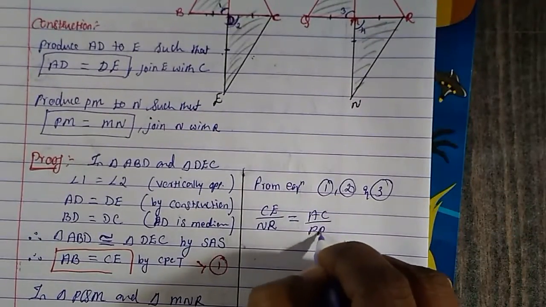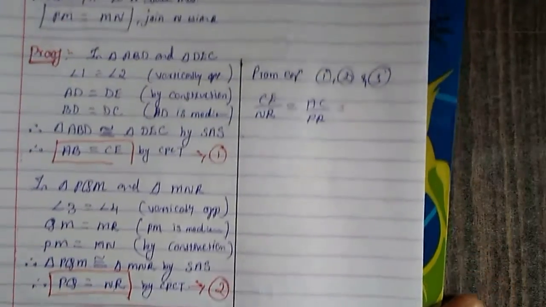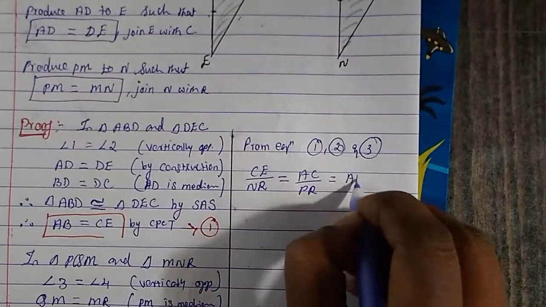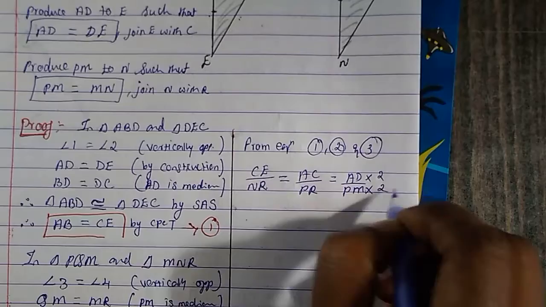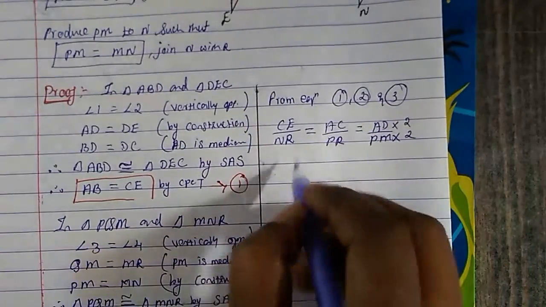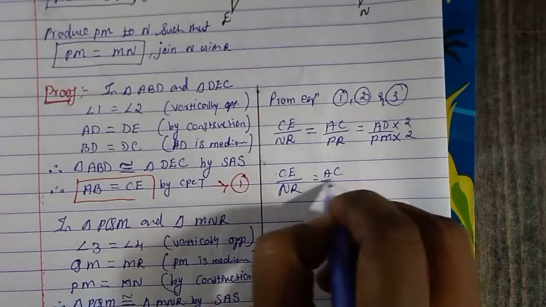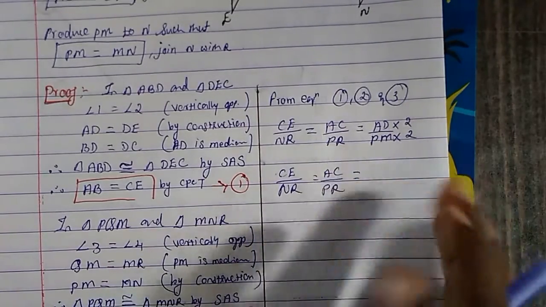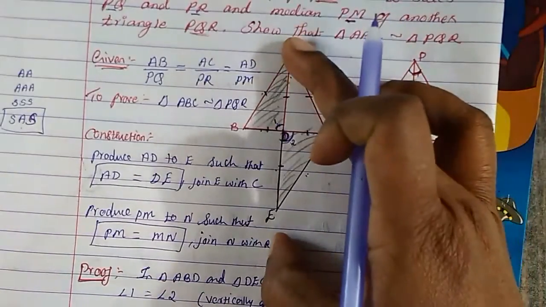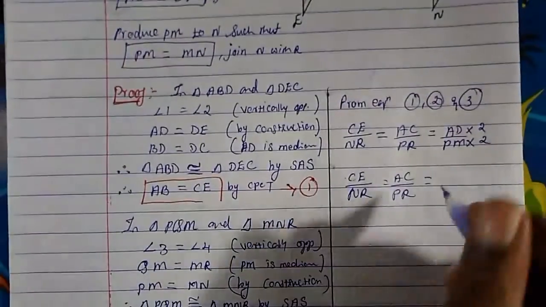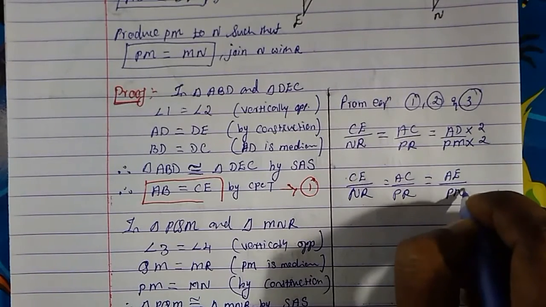Then AD upon PM is a median. So AD upon PM, we will write this as 2 times. Let us multiply. If we multiply AD by 2, then it becomes AE, so AE upon PN.